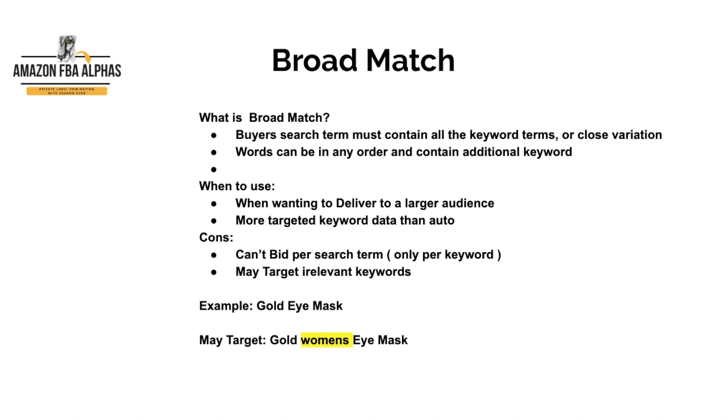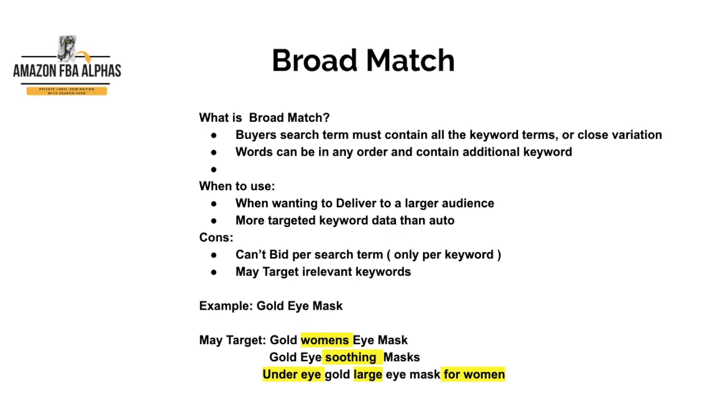Amazon may show your sponsored ad on gold women's eye mask, gold eye soothing mask, under eye gold large eye mask for women, as an example. So I hope you guys understood that here. You're putting in a keyword and Amazon is going to show that up on a search term in whatever order it chooses. And sometimes you may be targeting totally irrelevant keywords, and this is why you also need to be on top of that.